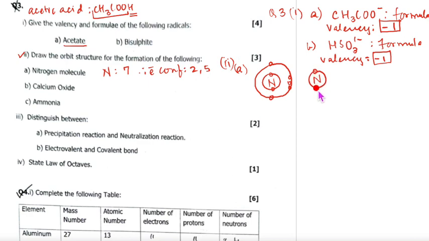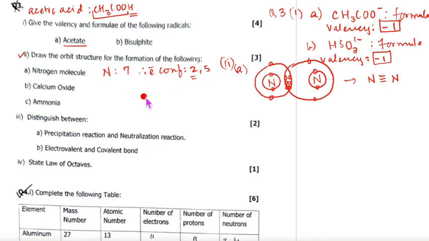This will be the first orbit will have 2 and the second one will have 5. So we will show the second orbit like this and we'll show 1, 2, 3 here and 4 and 5. So that becomes your nitrogen, triple bond nitrogen, because it has got 3 shared pairs like this.